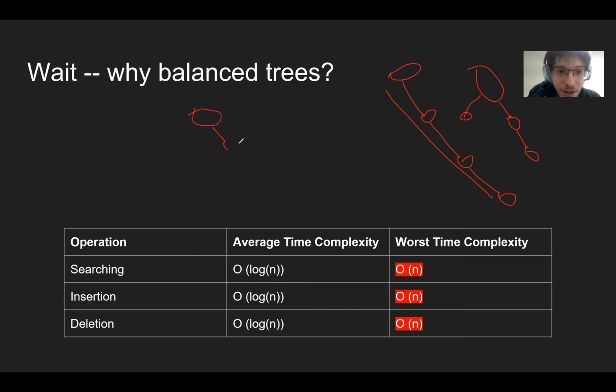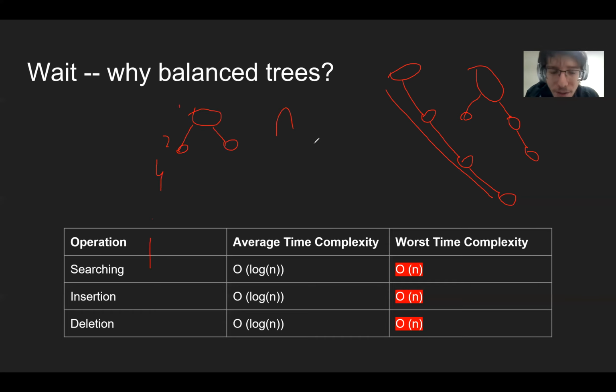And the nice thing is that if it's perfectly balanced, we know that there are n things in the tree. Because it's a binary tree, if it's perfect, then we're going to have 1 at the first level, 2, 4, and so on.